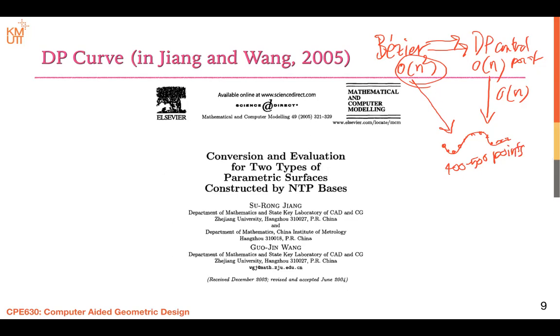So this is a very long series. It's better to convert into DP control points and then use big O(n) 500 times, in order to generate the points on the curve to make a smooth curve. So that's why we need to find this relation or this conversion. So this conversion will be found in this paper, two years later.